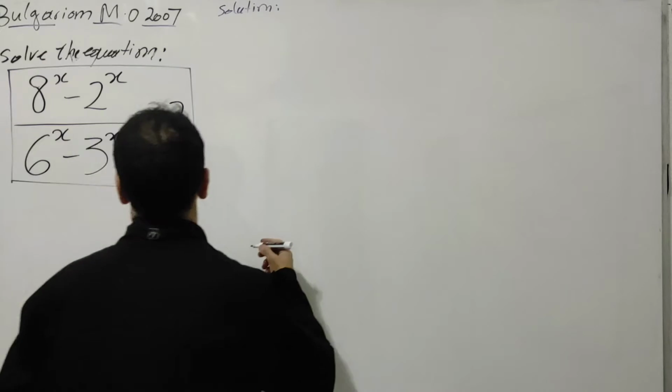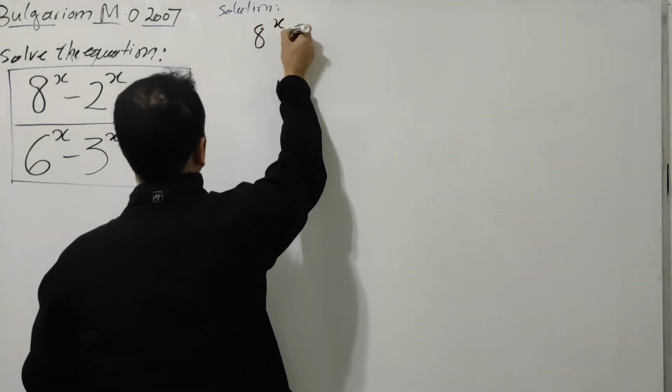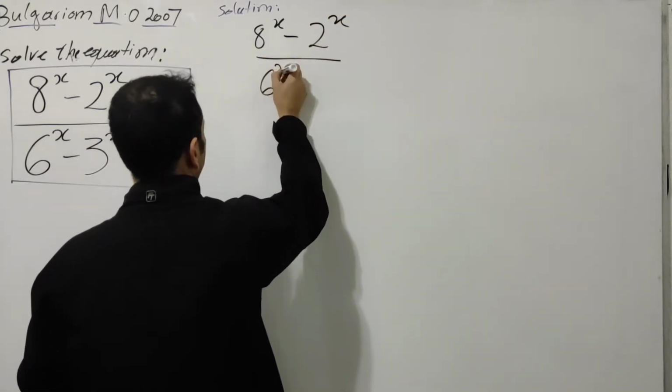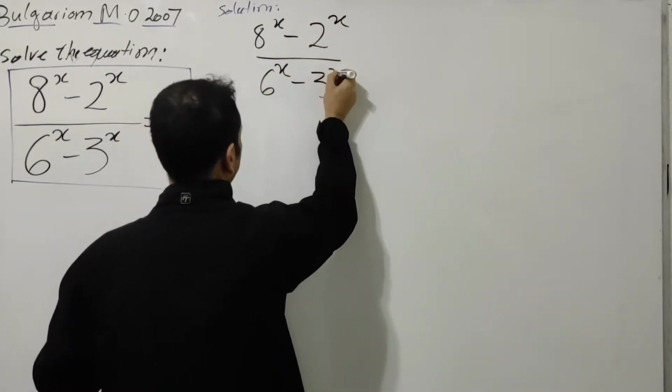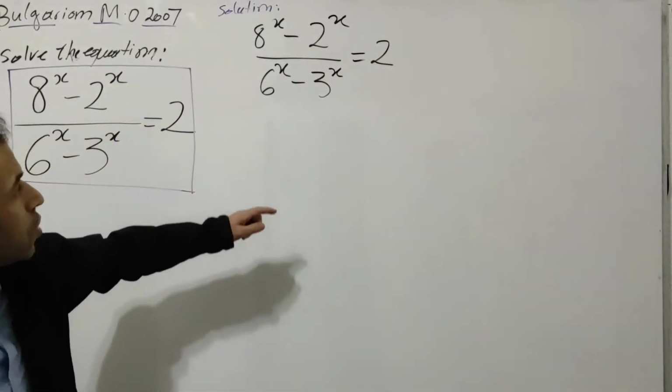So we have the following equation: (8^x - 2^x) / (6^x - 3^x) = 2.